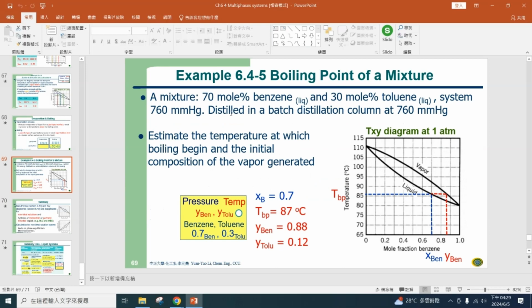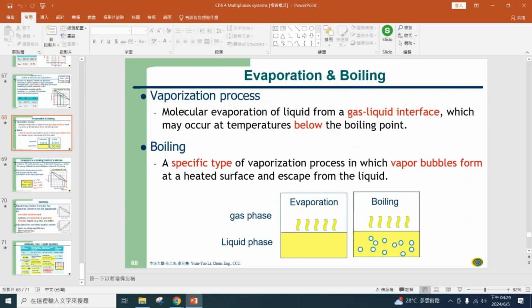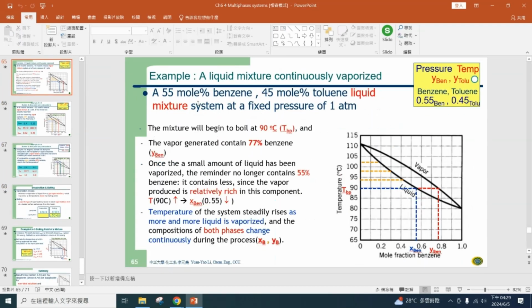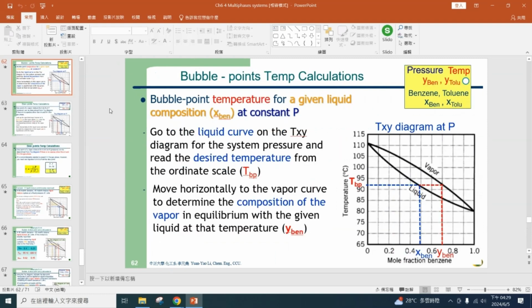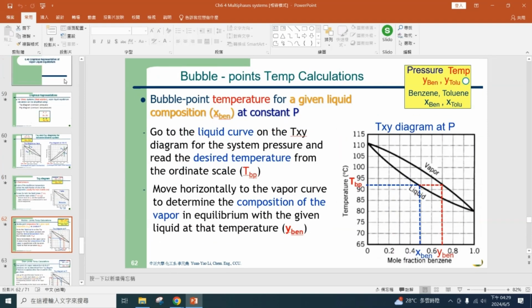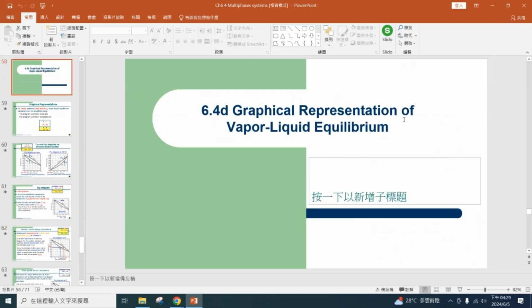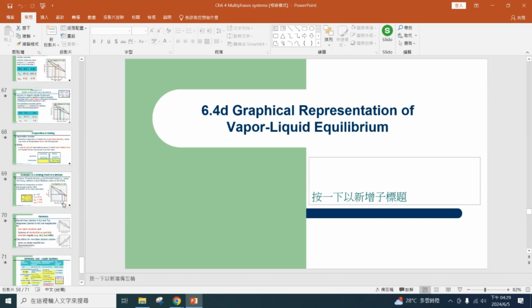Then this is an example I want you to practice at home, because actually this is the question of the Kahoot today. So the Kahoot today is the graphical representation of the liquid vapor equilibrium.